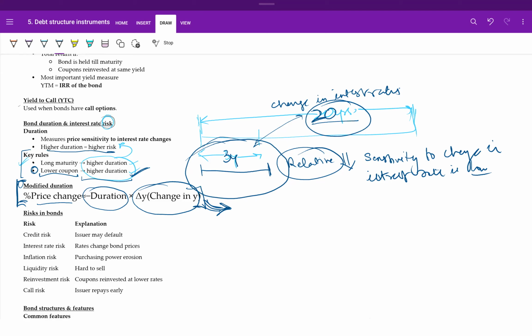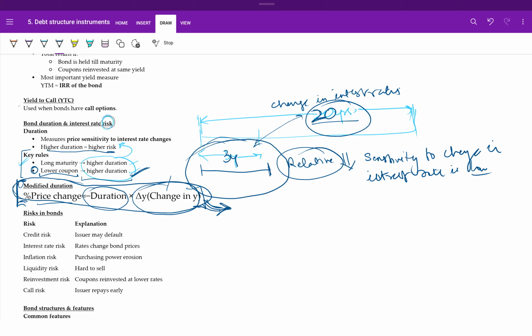I cannot explain this formula unless I take you to Excel and derive it using numbers. Then only will I be able to make sense of it. As of now, just understand this formula: percentage change in price is equal to negative duration times the change in yield.